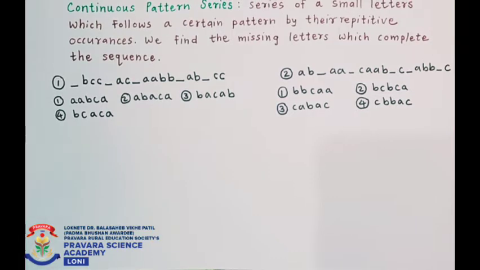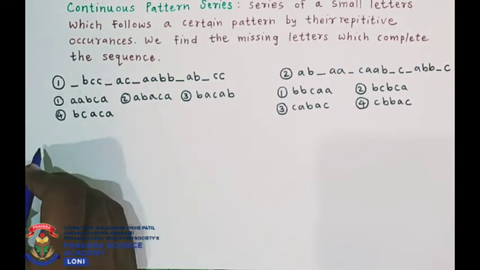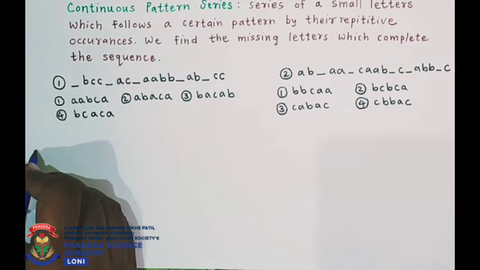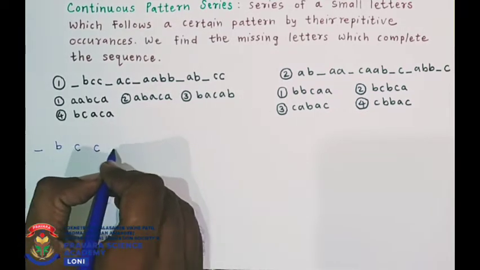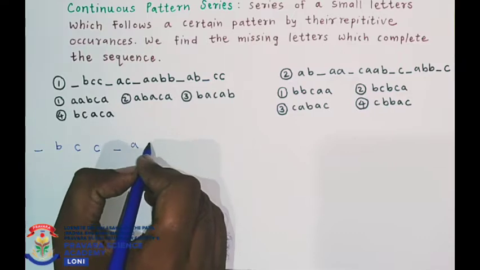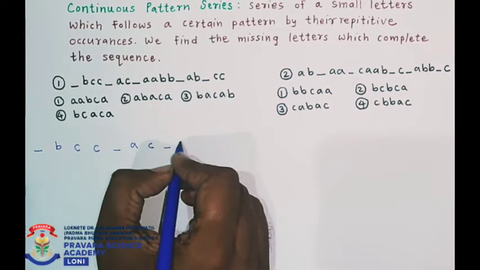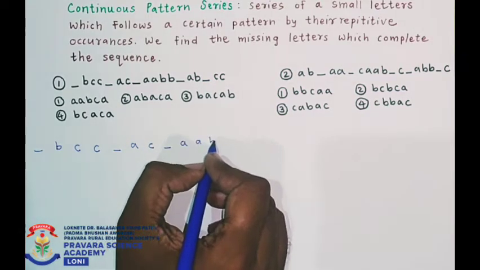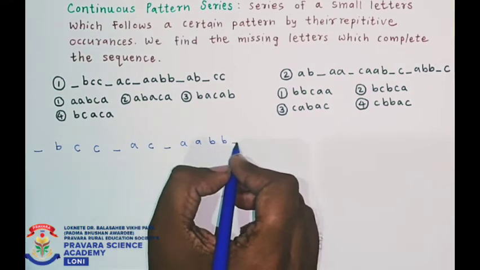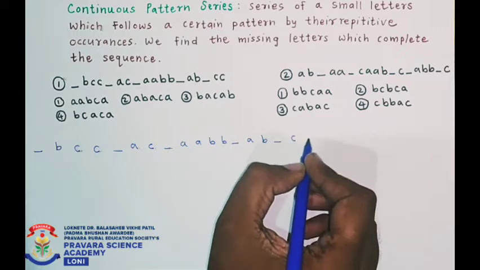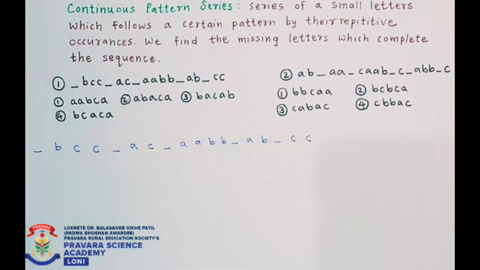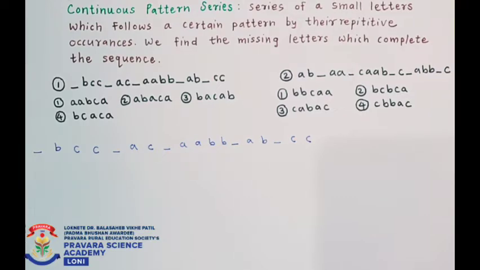So I will write this again: blank space, B, C, C, blank space, A, C, blank space, A, B, B, blank space, A, B, blank space, C, C. Now we will try every alternative. We'll start with the first alternative.